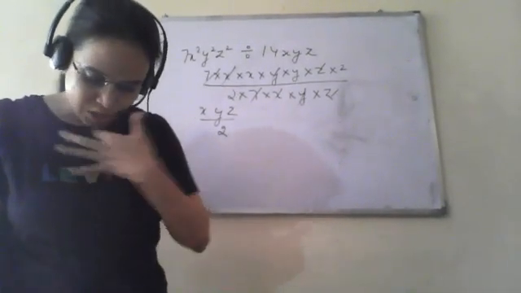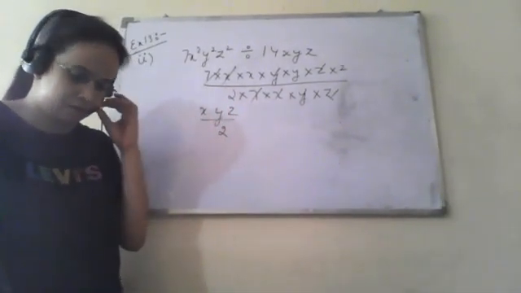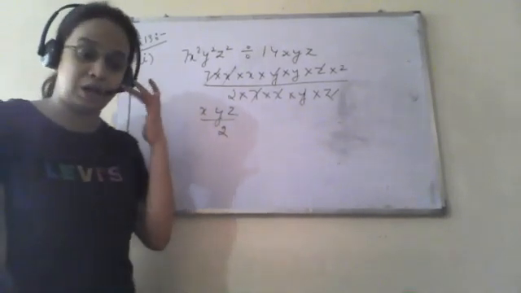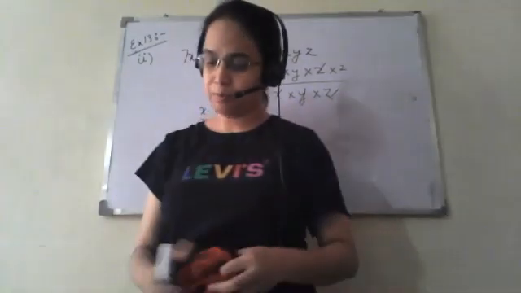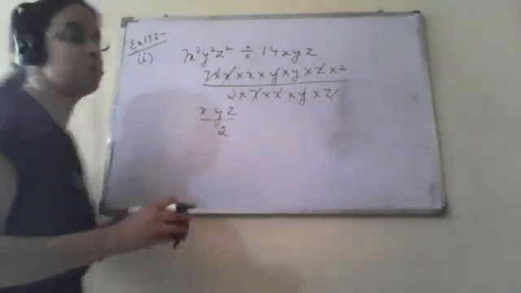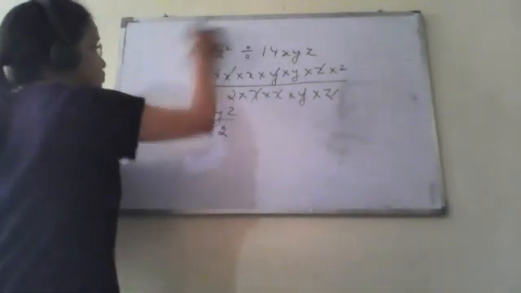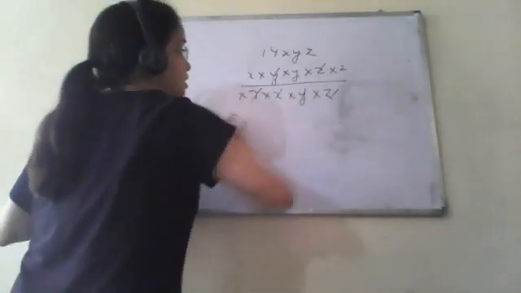Okay. So these were the cases when we divide one monomial by another monomial. Now how are we going to divide a polynomial by a monomial, or a binomial by a monomial? It can be done in two ways. Now we will see with the help of an example.